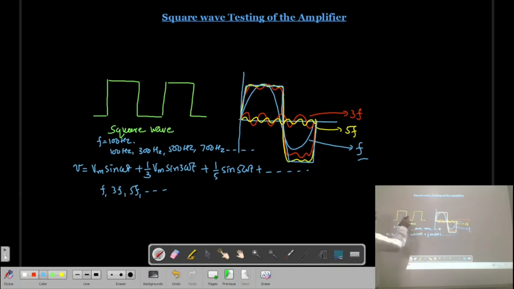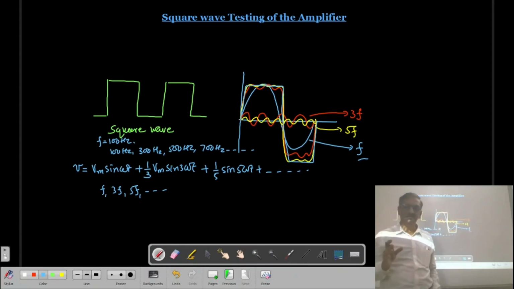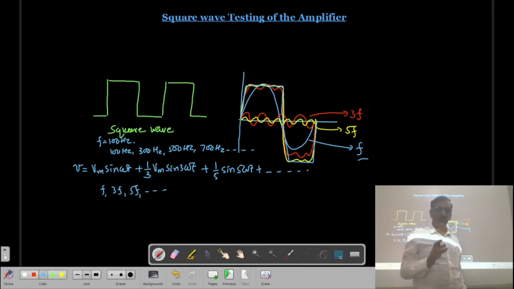Once you apply the square wave at the input of the amplifier, you see the shape of the output signal on an oscilloscope, and from the shape we can judge the distortion in the amplifier. Is there a phase distortion? Is the high frequency response poor or not? You can find that out from the shape. Let us see different shapes of the signal and what kind of distortion you can judge.